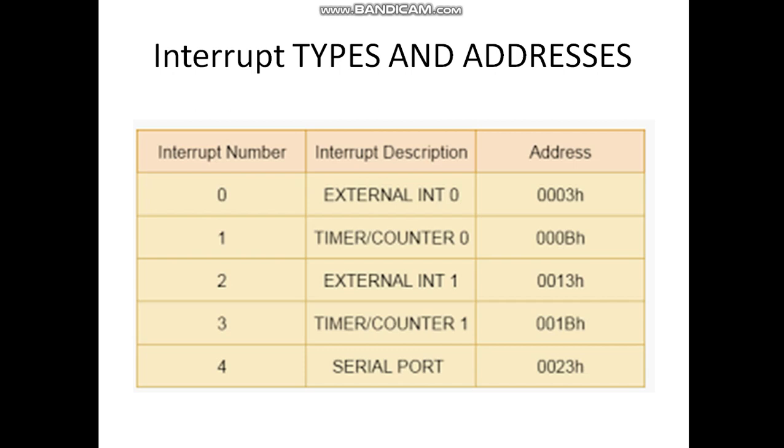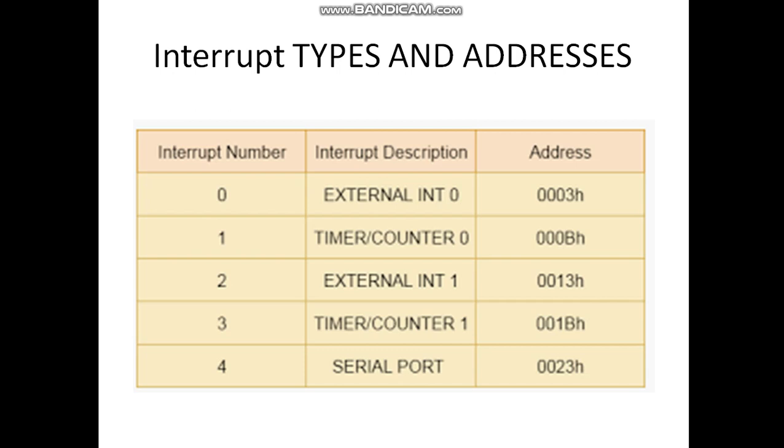External interrupt 0, the subroutine is written at the address 0003H. Then the interrupt for timer 0 or counter 0 is written at 000BH location. External interrupt 1, subroutine is written at 0013H address.